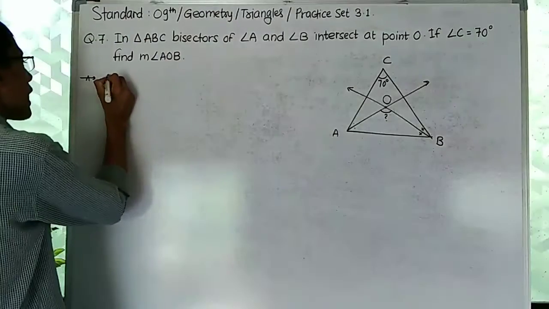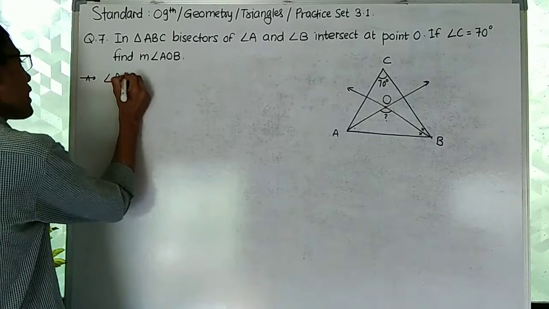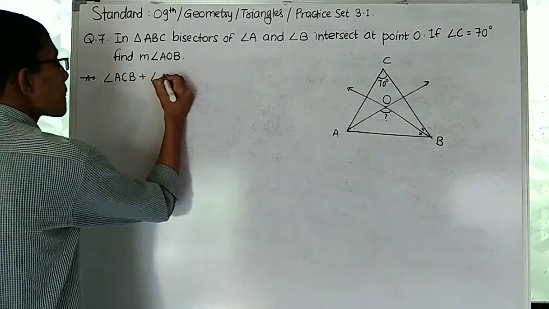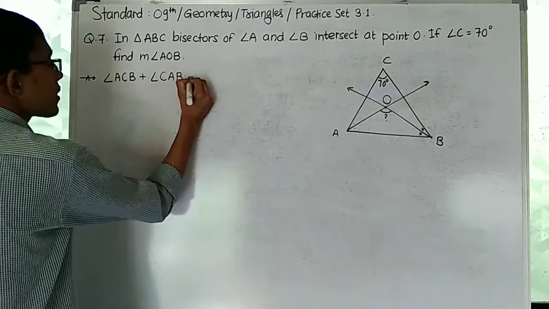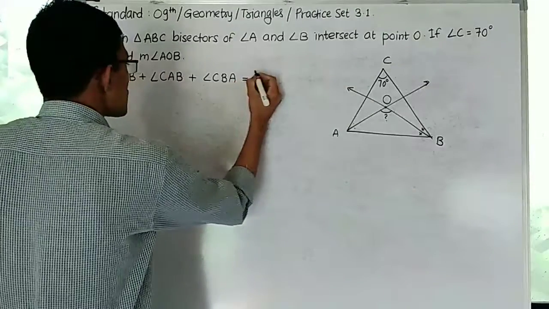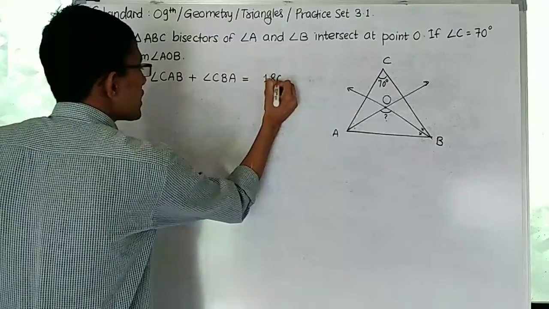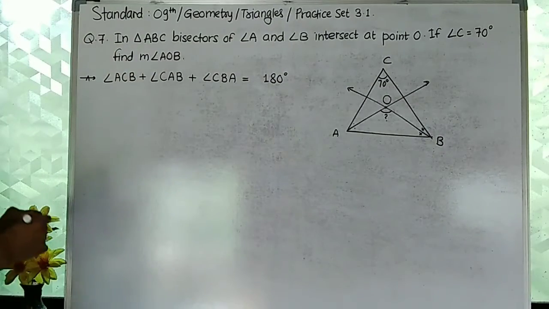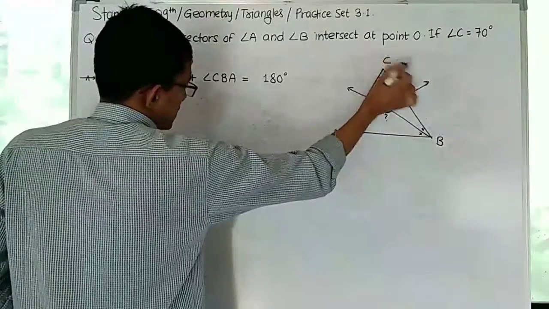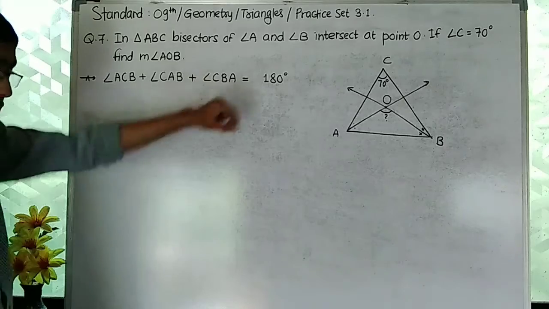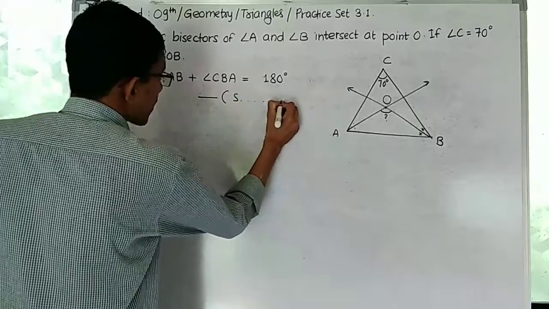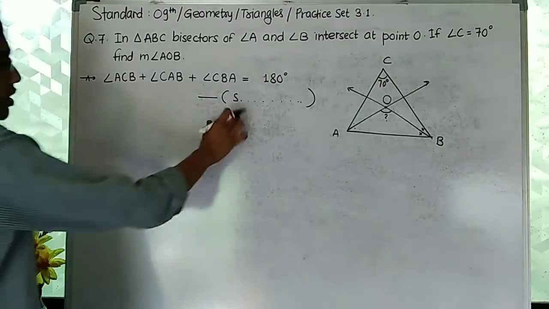So angle ACB plus angle CAB plus angle CBA is equal to 180 degrees. We have to write down the reason, and the reason is the sum of measures of all the angles in a triangle is 180 degrees. You have to write down the complete sentence.